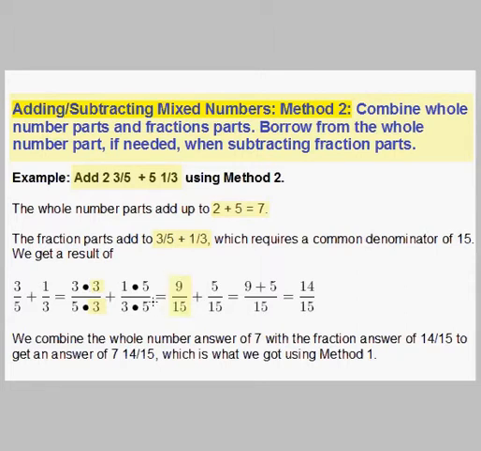We rewrite 1/3 in 15ths by multiplying the bottom by 5 and the top by 5, and that fraction becomes 5 15ths. So then we add 9 15ths plus 5 15ths, and we get 14 15ths. We combine our fraction answer with our whole number answer, and we get 7 and 14 15ths. And when we used method 1, we got this exact same answer.